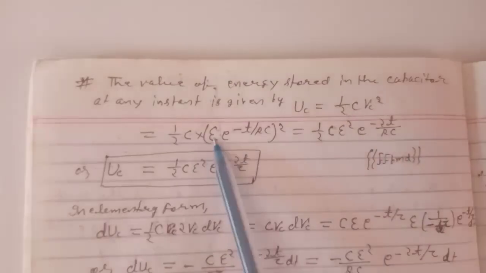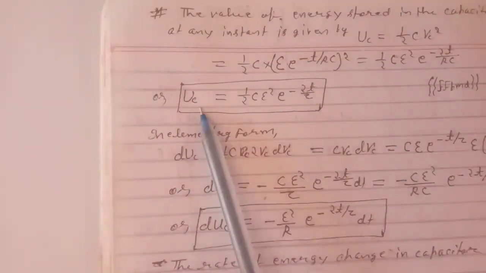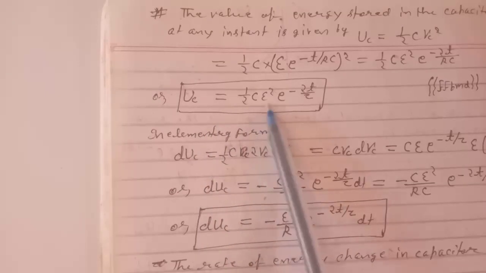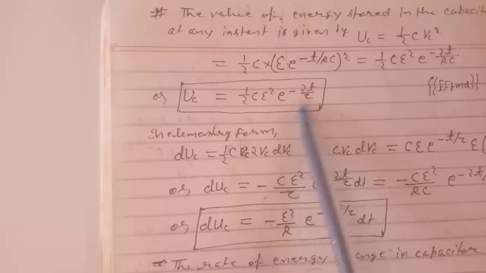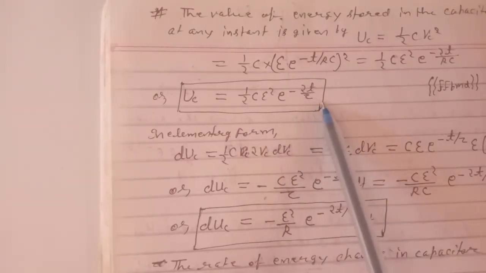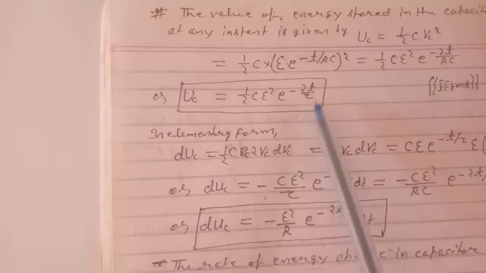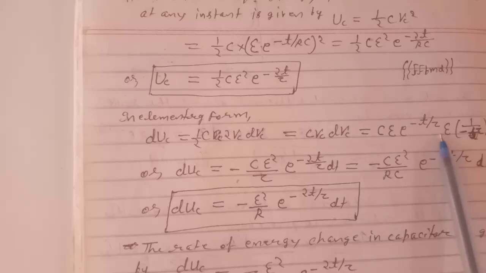So 1 by 2 C into, now the value of Vc is E into e to the power minus t by RC, to the whole square, 1 by 2 CE square e to the power minus 2t by RC. So this is the value of energy stored in the capacitor at any time interval t, that is, the electrical energy stored.